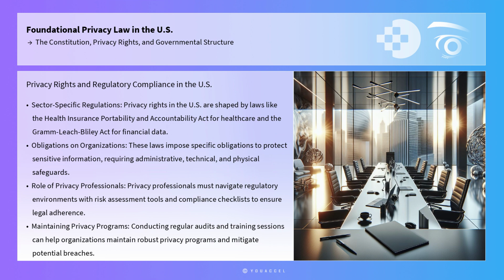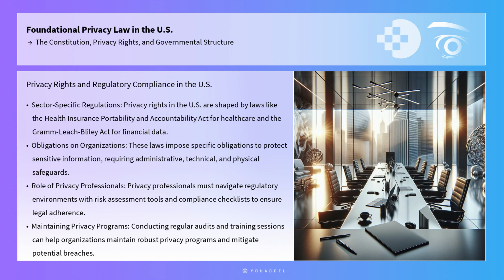Beyond the constitutional framework, privacy rights in the U.S. are also shaped by sector-specific regulations, such as the Health Insurance Portability and Accountability Act for healthcare information and the Gramm-Leach-Bliley Act for financial data. These laws impose specific obligations on organizations to protect sensitive information, requiring the implementation of administrative, technical, and physical safeguards.